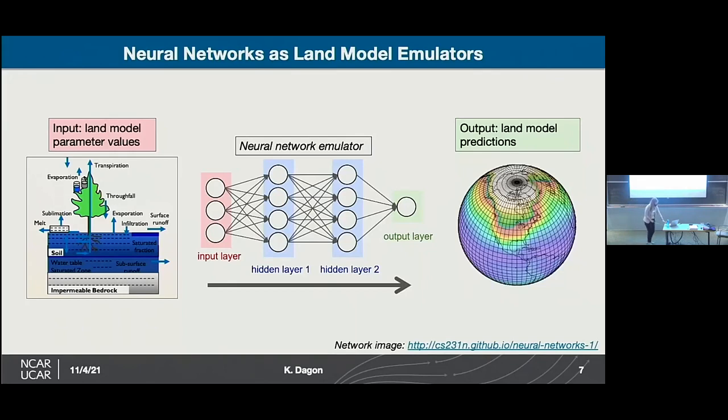But it is very adaptable to other processes. And then the idea of using the neural network here is that it can be much faster than running the full land model globally. So we can then use a trained emulator to sample the parameter space much more efficiently.